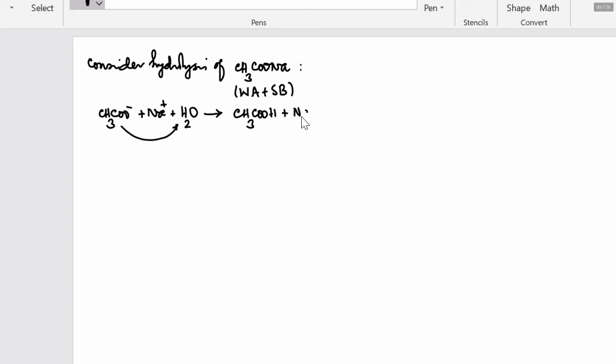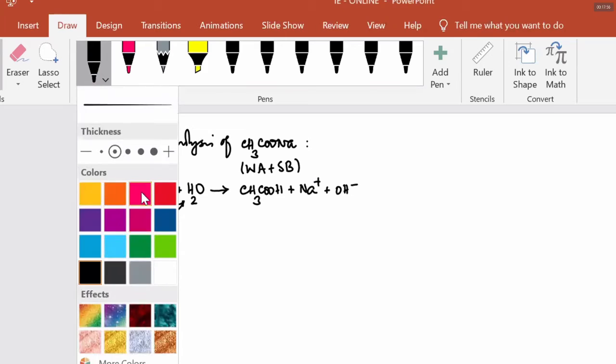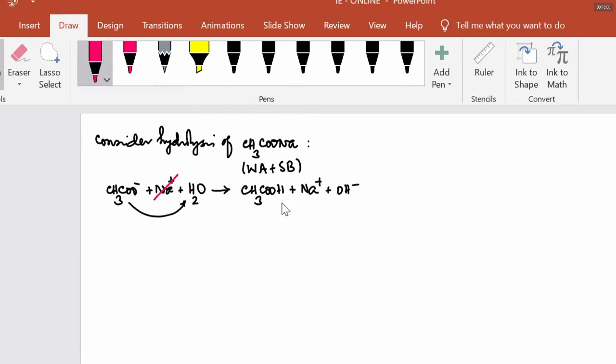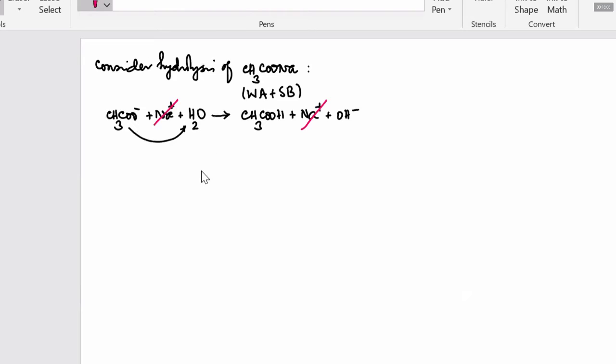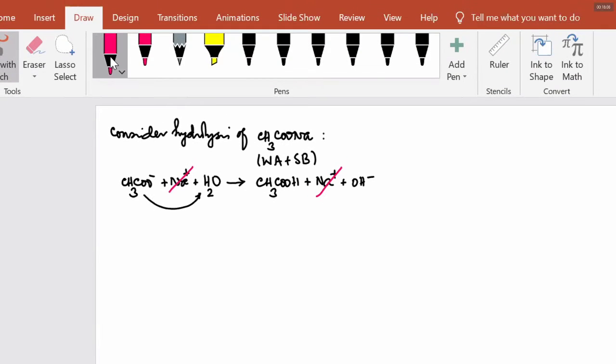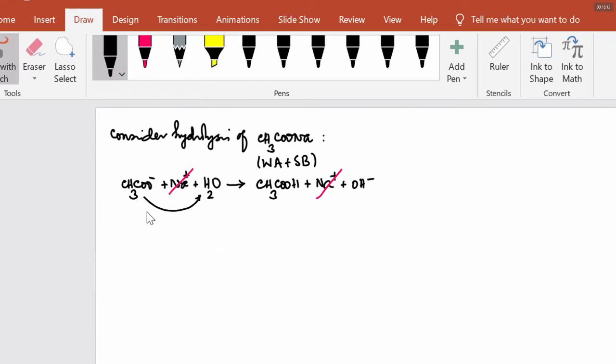Now, what is left out? Na plus. What is left out? OH minus. Right. Now the question is, sir, Na plus is available on the left-hand side as well. Remember that in hydrolysis, those ions which come from strong electrolytes will never participate. The word hydrolysis is meaningful only when we are discussing components coming from a weak electrolyte.